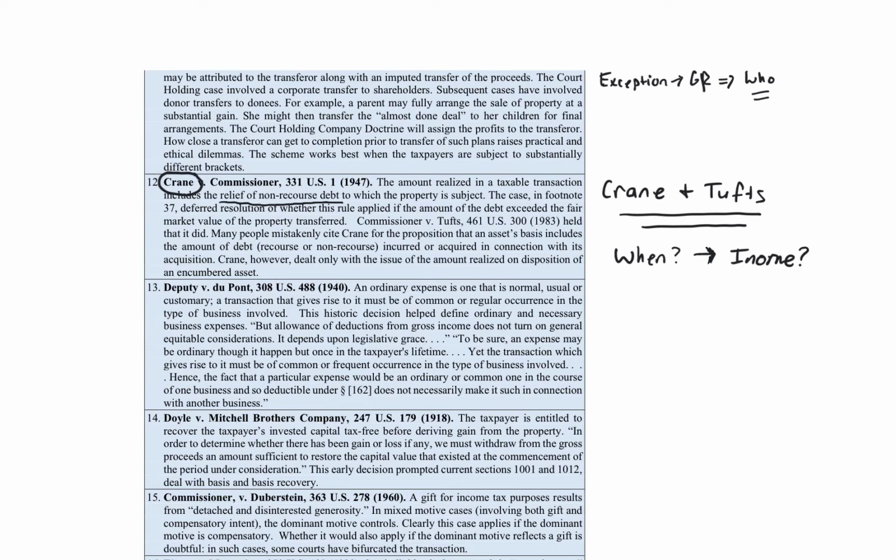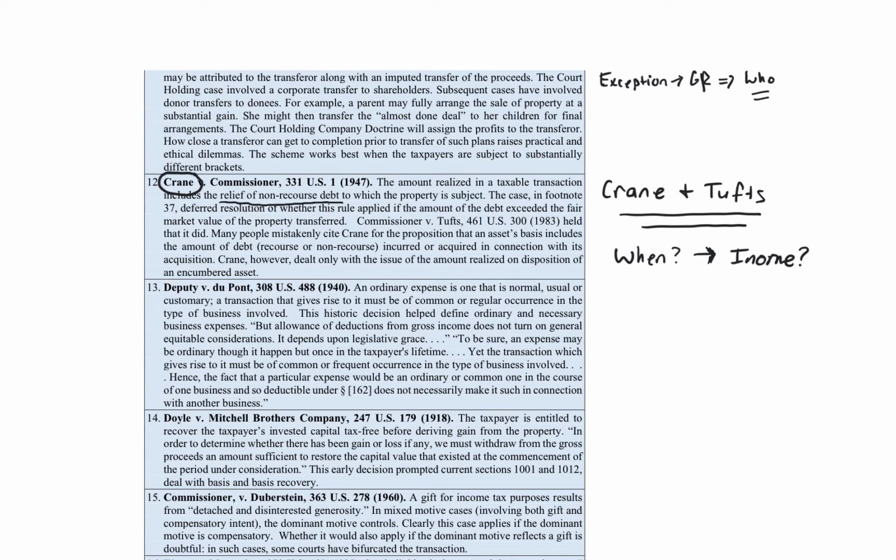So the question was, does she have to include in her gross income, in her amount realized, the amount of liability that was relieved? And the answer is yes. The amount realized in a taxable transaction includes relief of non-recourse debt to which the property is subject. There's a footnote in the case deferring the question of whether the rule applies if the debt exceeds the fair market value of the property transferred.